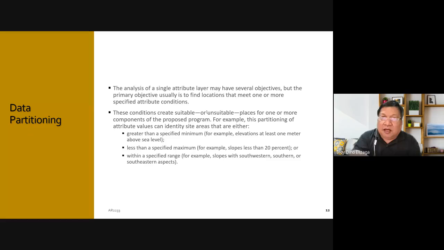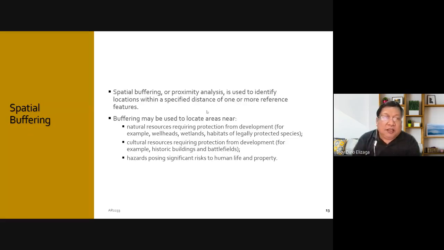But then for each of those maps, we only consider one attribute. There's also one thing called spatial buffering, sometimes called proximity analysis. It's used to identify locations within a specified distance of one or more reference features.